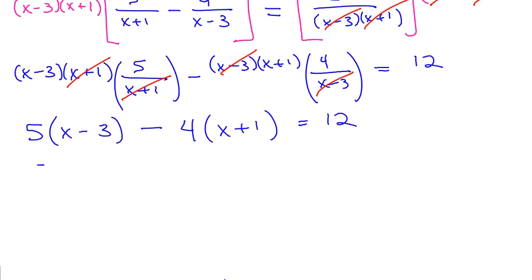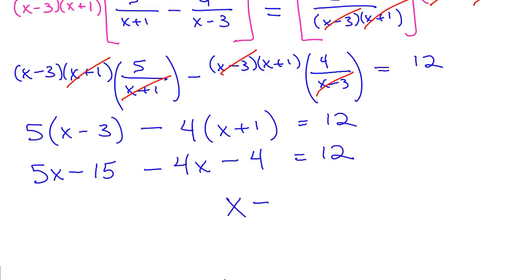Distribute the 5, so we get 5x minus 15 minus 4x minus 4 is equal to 12. 5x minus 4x is x. Minus 15 minus 4 is minus 19. That's equal to 12. Move the 19 to the other side, and we get x is equal to 31. So the solution is just 31.